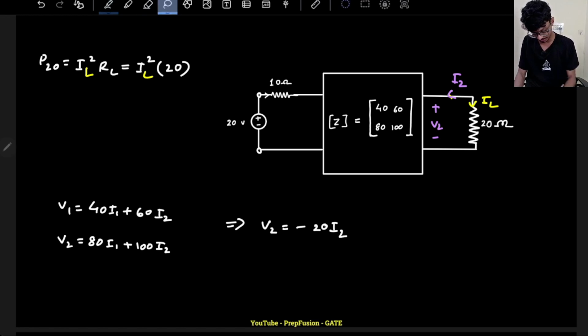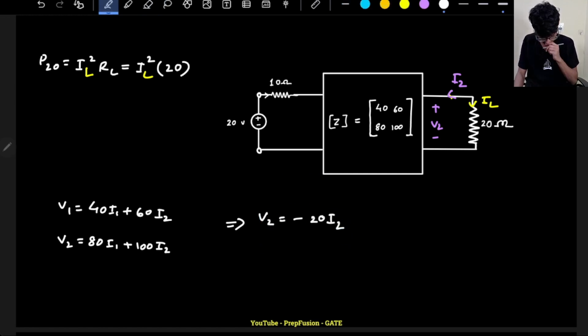V2 equals minus 20 I2, and you can replace it over here. You can replace, and another relationship is there.